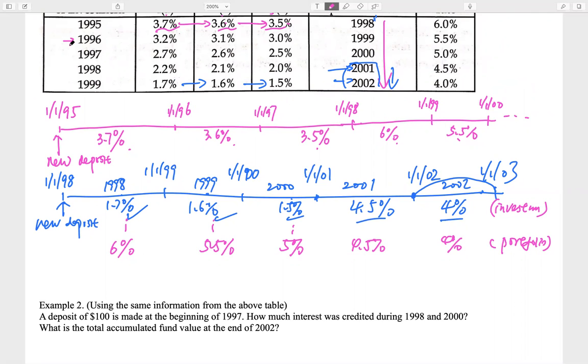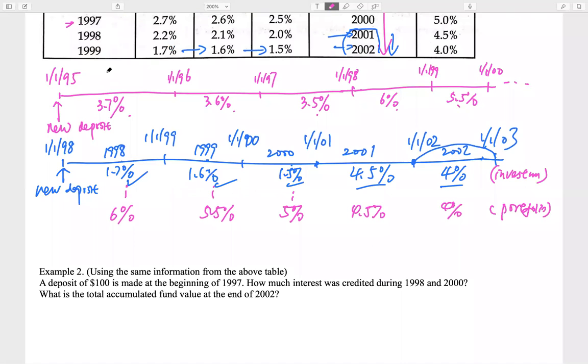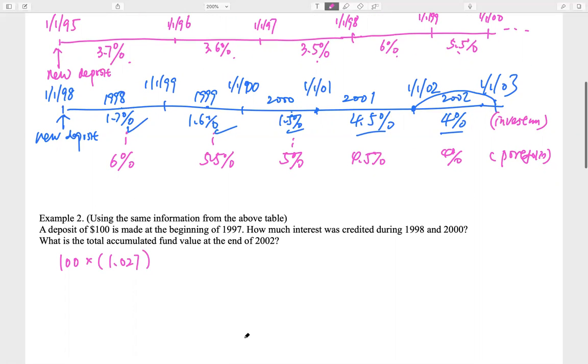At the beginning of, oh, it's here. This is 1997, not 1996. So we know we have $100 invested, right? So first, it will get the new money rate, which is 2.7%. Okay, this is how much I will be getting.